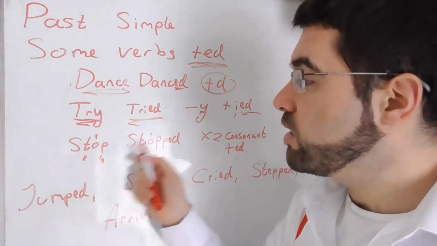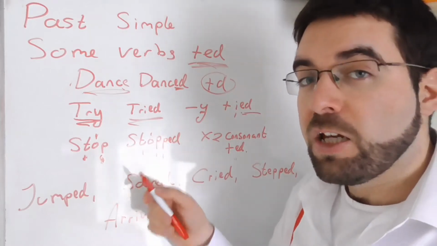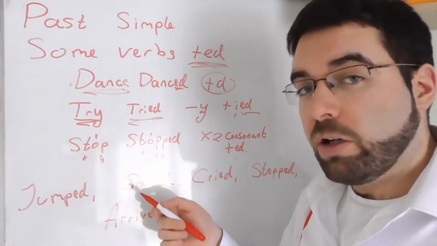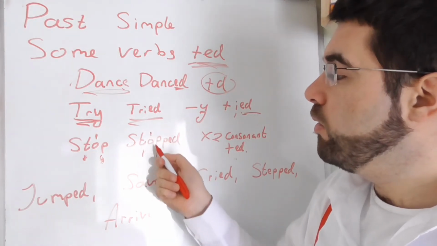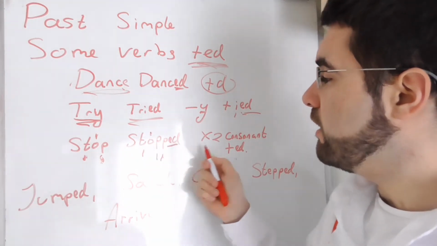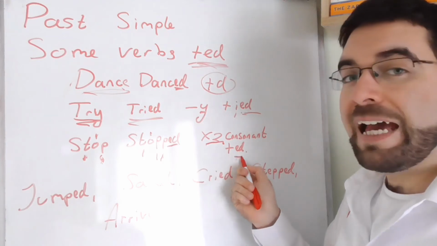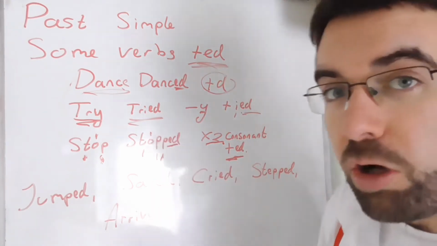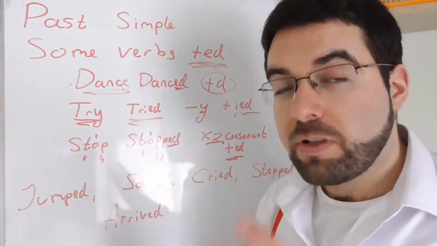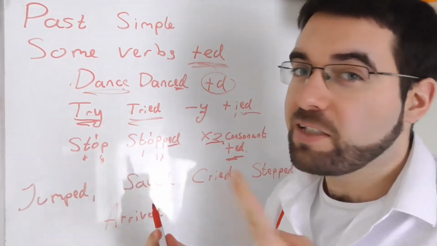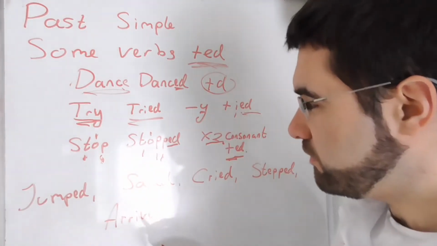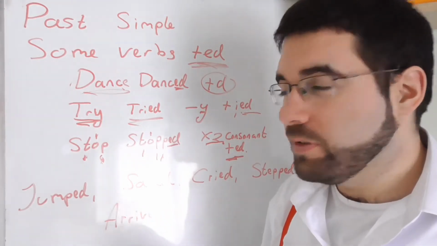So we don't just say stopped with P-E-D, we double the second consonant. S-T-O-P-P-E-D. So we double the consonant and add ed. Stopped. I was stopped by my friend. I saw him last night.